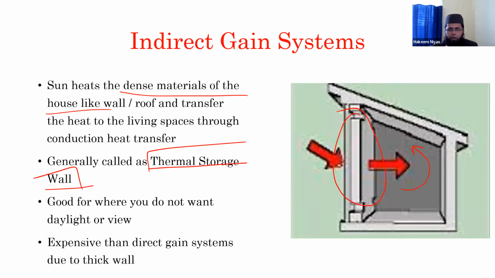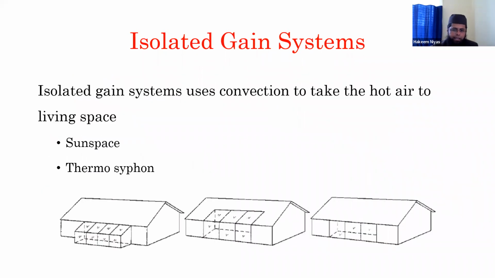Okay. The third option we have is isolated gain systems. We have seen something like a greenhouse, in organic farming, miniature farming, where we have a sun space.